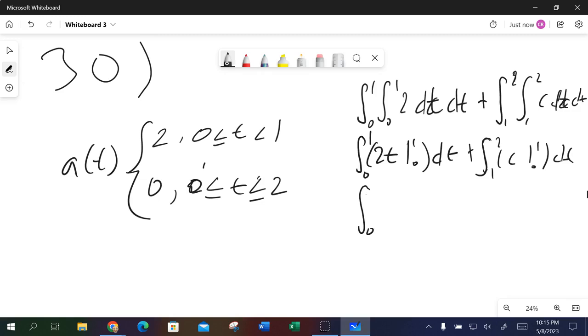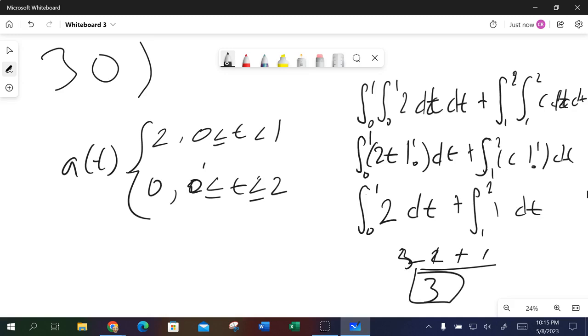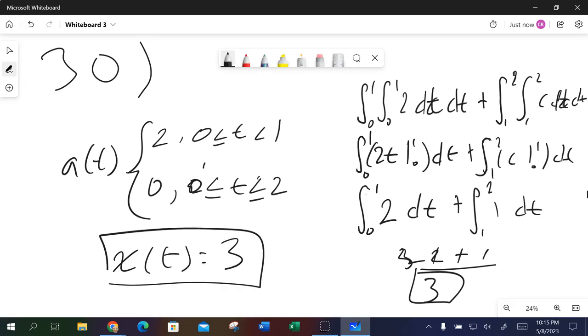We get the integral from 0 to 1 of 2 dt plus the integral from 1 to 2 of 1 dt. And if we take those, we get 2 plus 1, which gives our answer 3, which is our displacement with respect to time over this given interval.